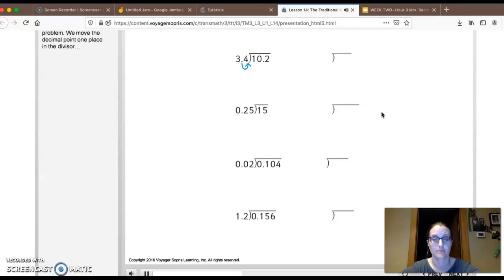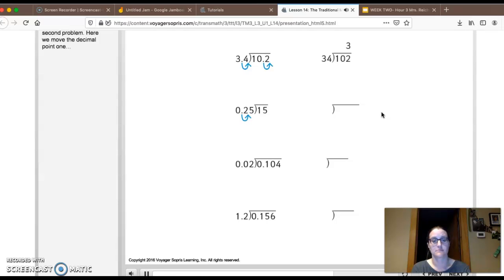Let's look at the first problem. We move the decimal point one place in the divisor to make 34, and one place in the dividend to make 102. The quotient is 3. Now let's look at the second problem.